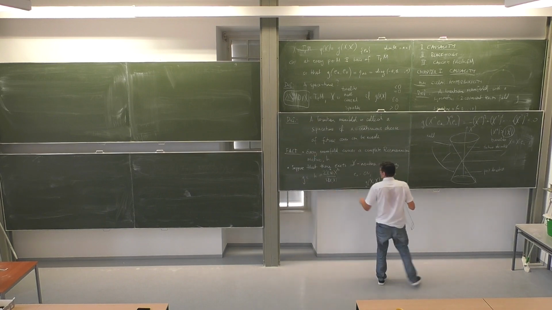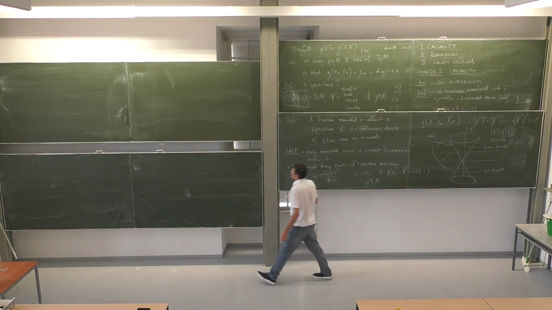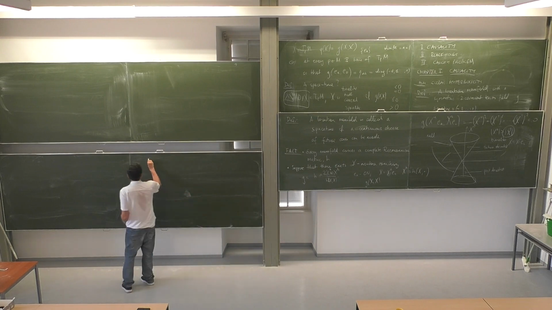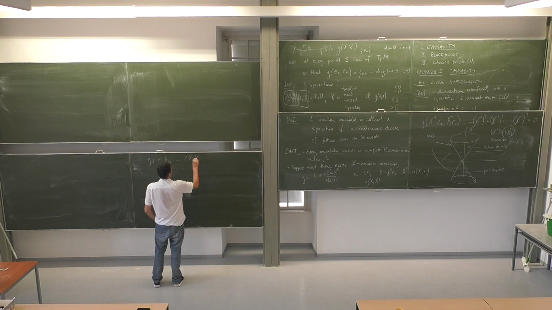So this should be X, and B is H of X dot. So in coordinates, if you are used to that, G_ij is H_ij minus 2 X_i X_j over the length of X in the metric H squared.